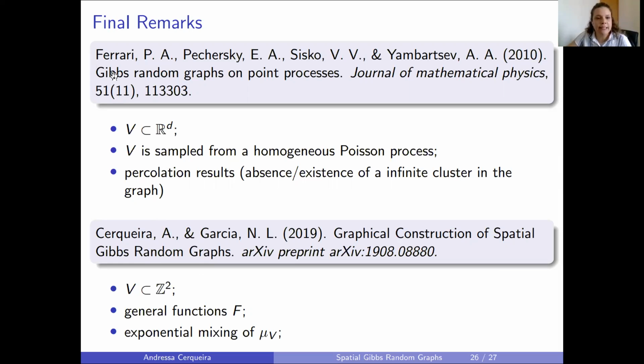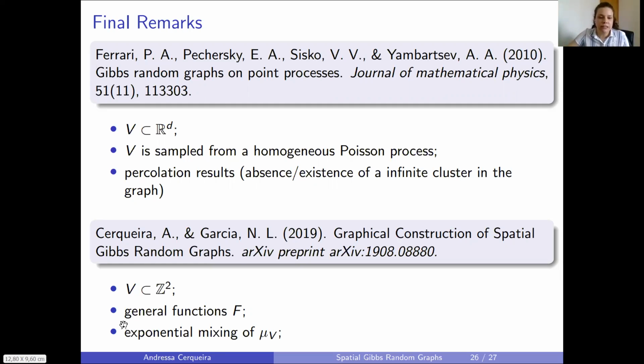The second point is that in this paper, the authors also consider that V can be sampled from a homogeneous Poisson process. We didn't analyze this case, but I think it's a nice point, so maybe future investigations. Also in this paper, the authors were more interested in percolation results, when you have or when you don't have an infinite cluster in the graph.